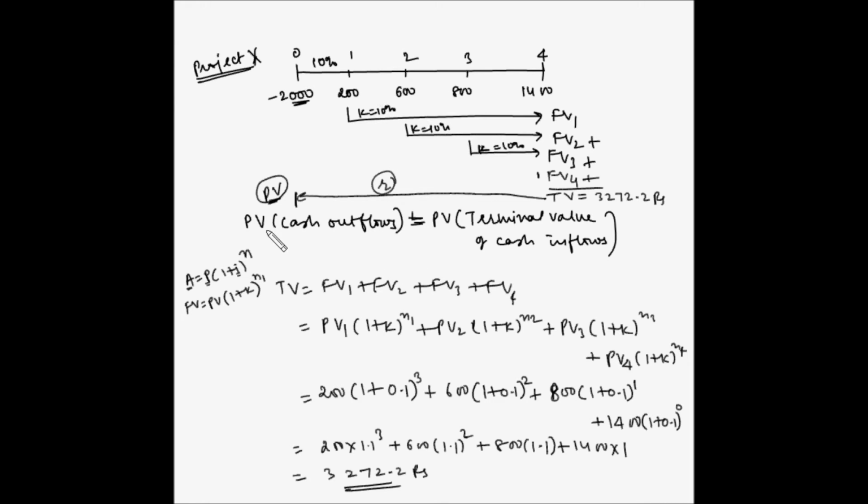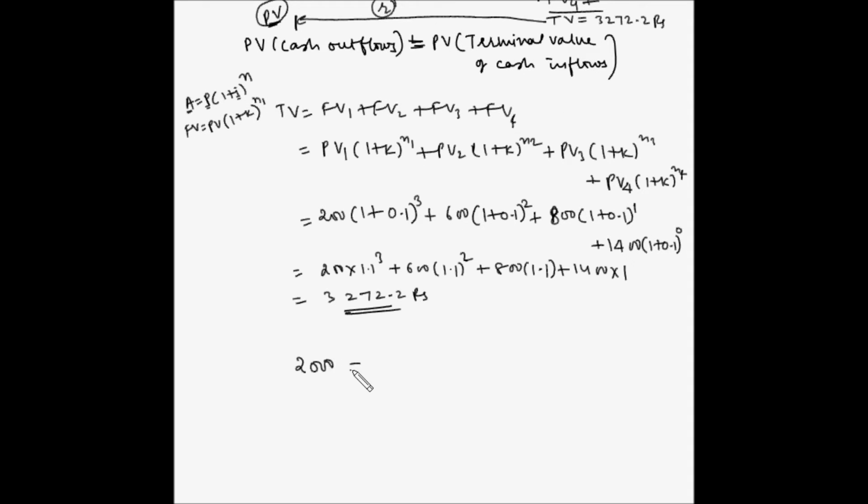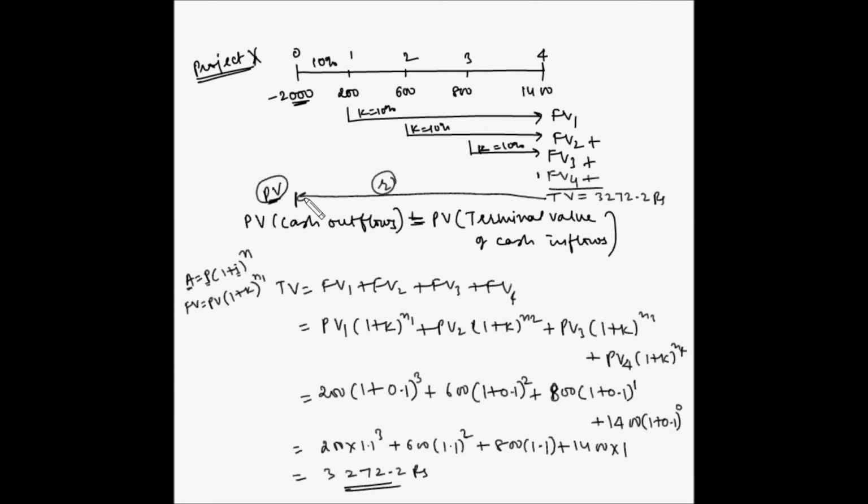So let's see. So present value of cash outflows is 2000. So 2000 is equal to, now here I am not taking the negative sign because we are equating these two values. So we are saying that the outflow is equal to the present value of the terminal value of the inflows. If we want to consider the negative sign, what we can do is we can say present value of cash outflows plus the present value of terminal value of cash inflows is equal to 0.